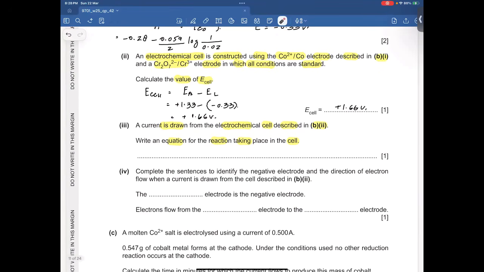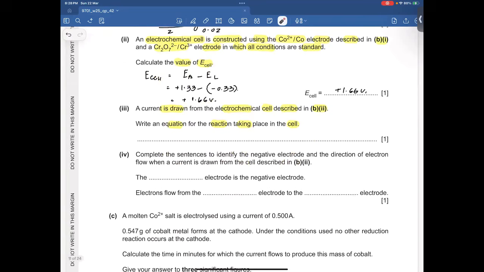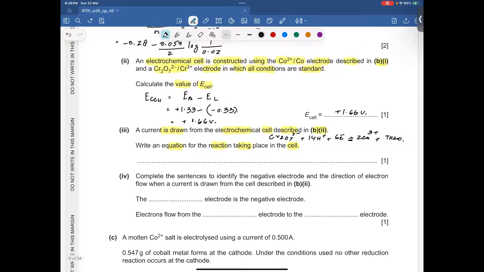We have very limited space, guys. Let me write it down. This is Cr2O7 2- plus 14 H+ plus 6 electrons, reversible sign, 2 Cr3+ plus 7H2O. So that's the reduction equation.